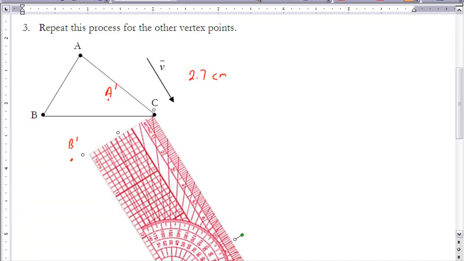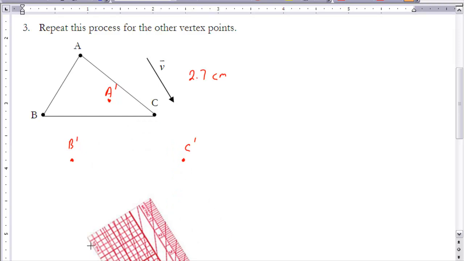And finally, I do the same thing off of C, measure down to where 2.7 is, plot the point, and label it C prime. Once I'm done, I can pull my ruler away and reconnect these points, and you'll notice that we get the same triangle. It's just been translated down the screen in this direction, exactly that distance.